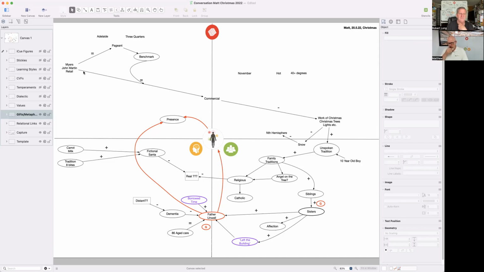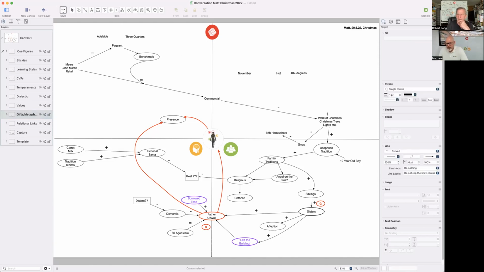So, for example, talking about John Martin's retail being a commercial product is pretty much just a statement of fact. But making a comment about the work of Christmas and Christmas trees and Christmas lights is a negative in a sense. That's why it's in negative workspace, because there's an outcome for this. And if we wanted to, we could subtly link it back.